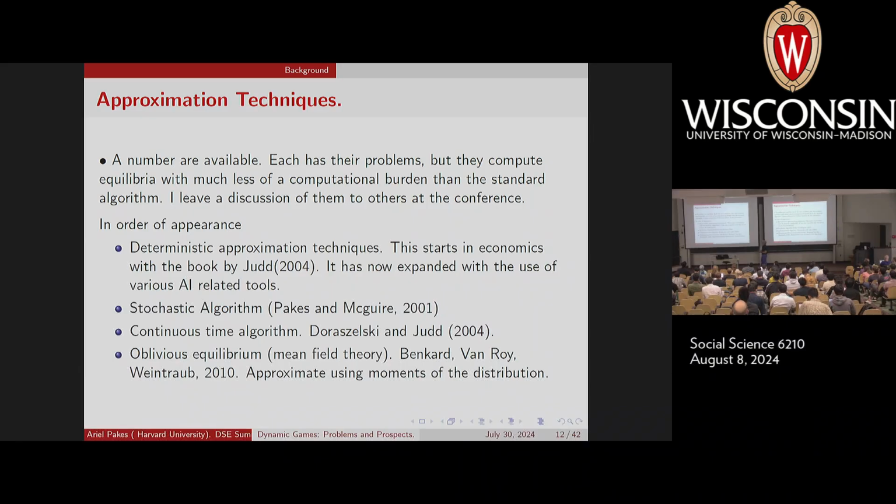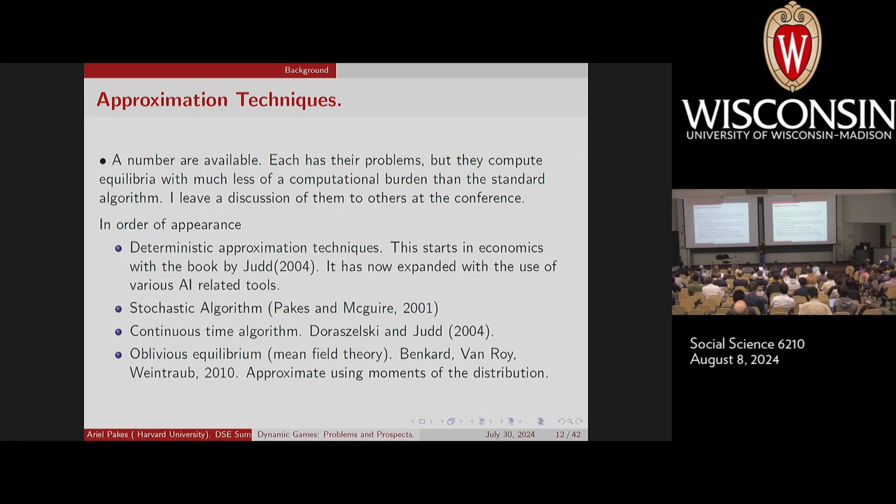There's a stochastic algorithm, which I will come back to a little bit. There's putting it into continuous time, which kills one dimension but not the other. There's oblivious equilibrium. I'm not going to go over this. They each have their own way of doing it, and there's people here who know more about it than me.